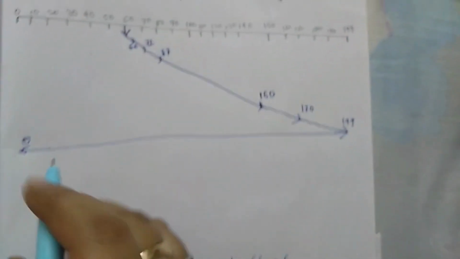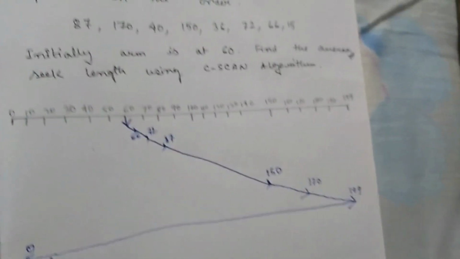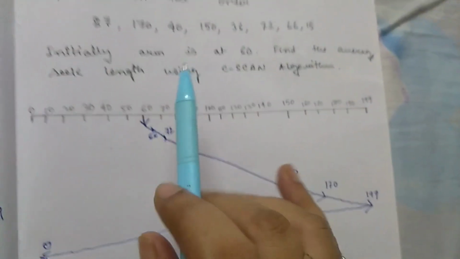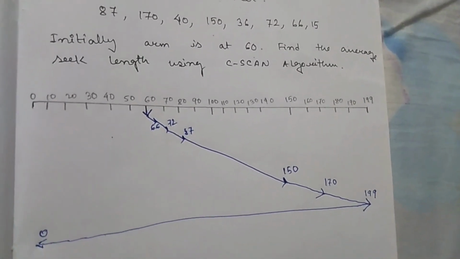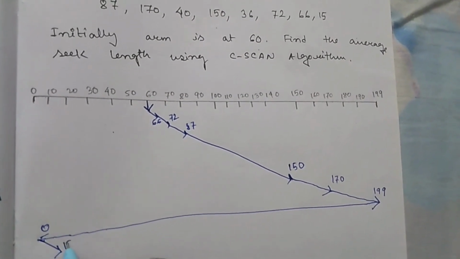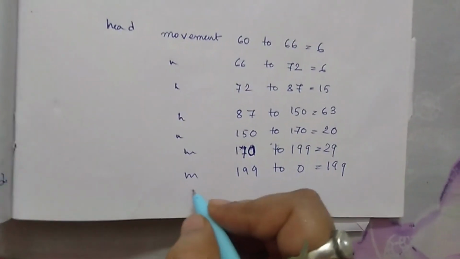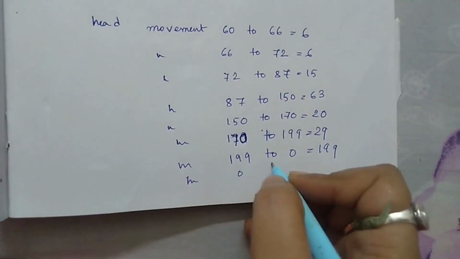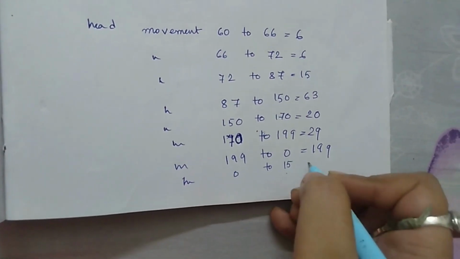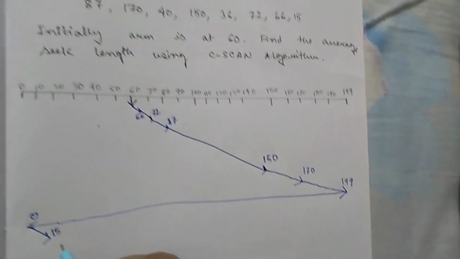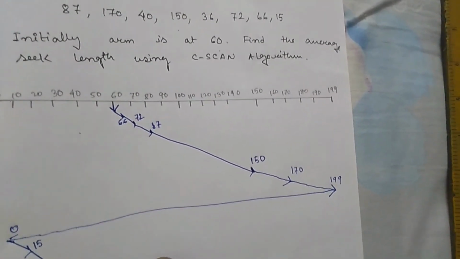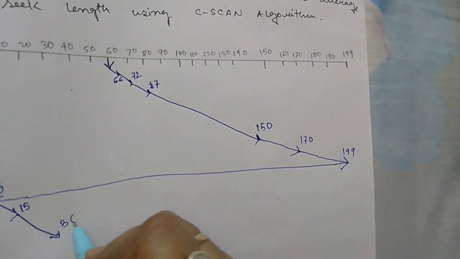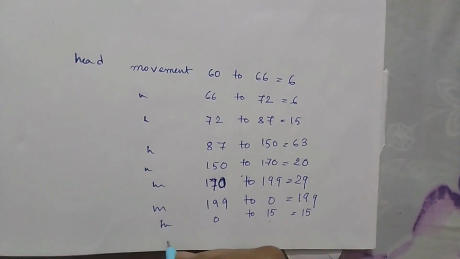Next we find the next nearest value of 0. The next nearest value of 0 in this queue is 15. So the movement is 0 to 15, that means the gap is 15. The next nearest value of 15 in this ready queue is 36.